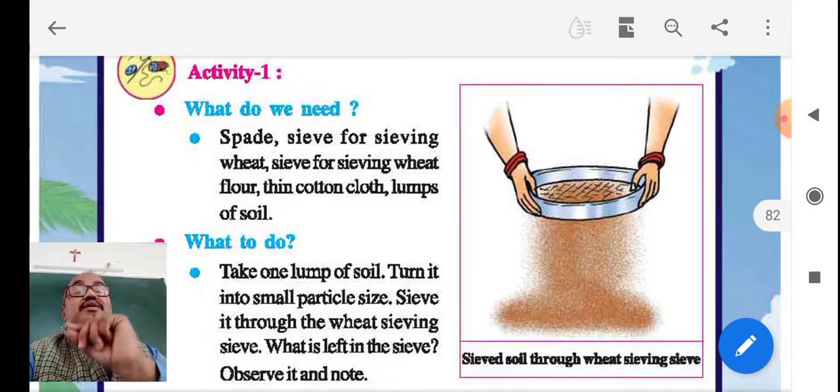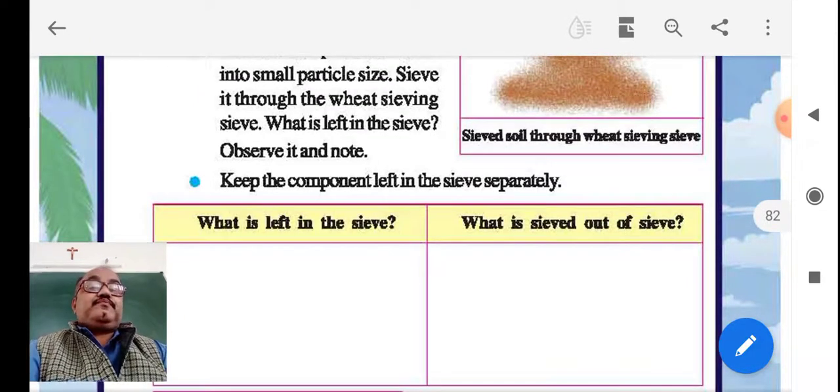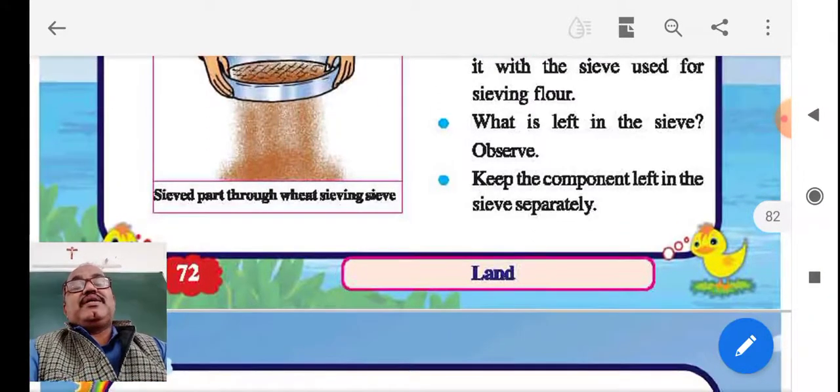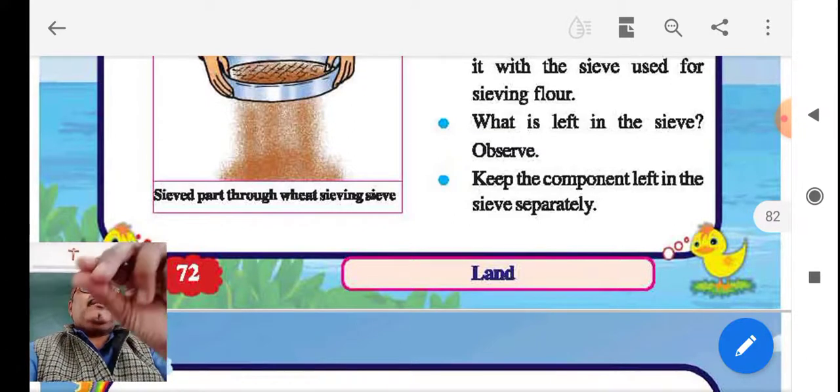Dear students, in this lesson, if we sieve the soil, if we filter a lump of soil, we have to see what comes out. When we sieve more and more, the fine particles always come down, and pebbles and everything else remain up.